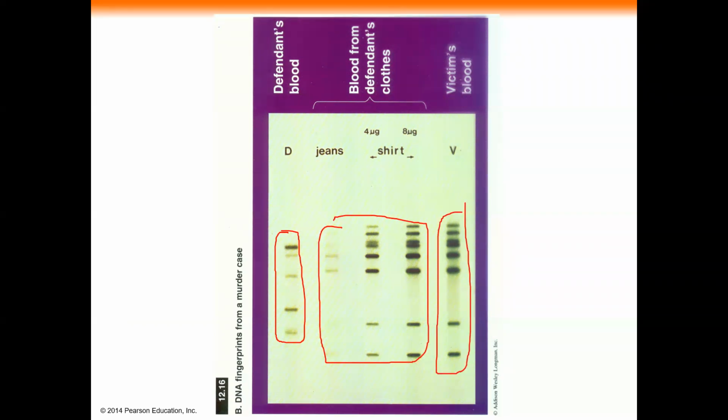So you can see the blood found on the shirt here belonged to the victim. However, on the jeans we only have these two markers that sort of match, but they really don't.